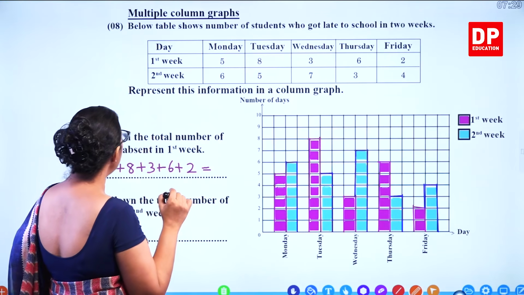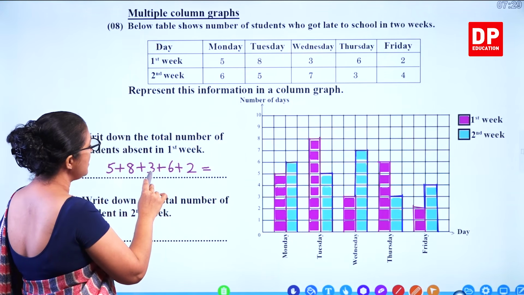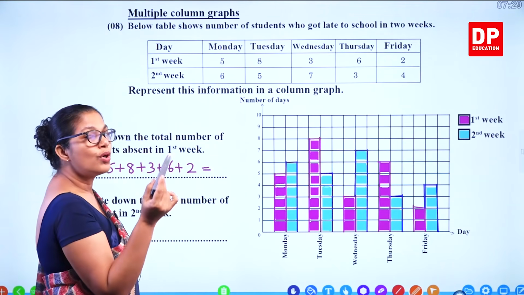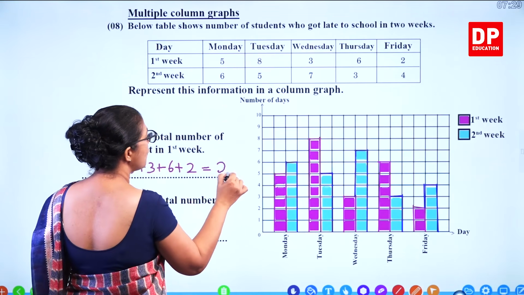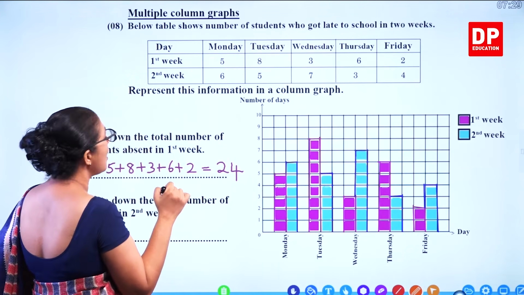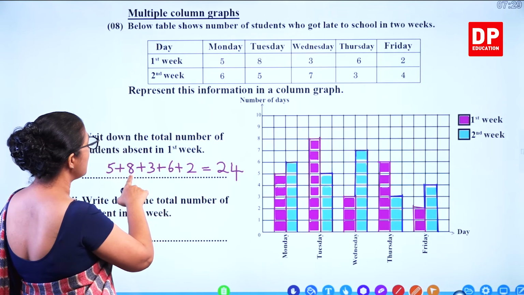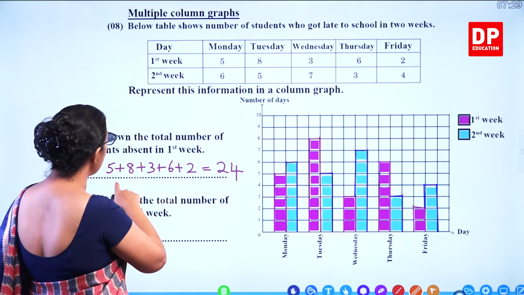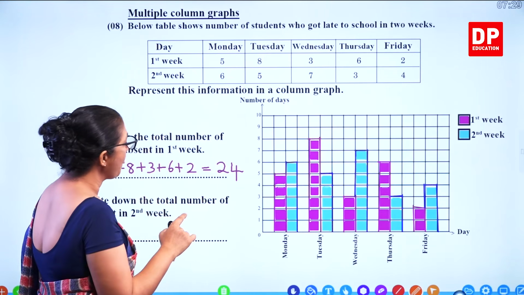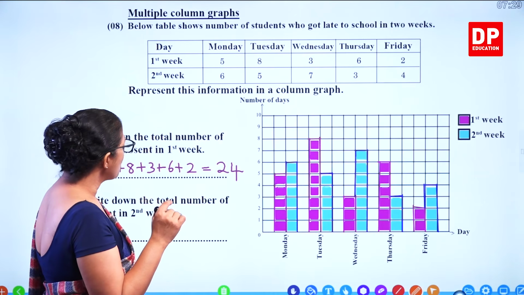So altogether 8 plus 5, 13, 13 plus 3, 16, 16 plus 2, 18, 18 plus 6, 24. Again count: 8, 8 plus 3, 11, 11 plus 8, 19, 19 plus 5, 24. So 24 students absent in the first week.